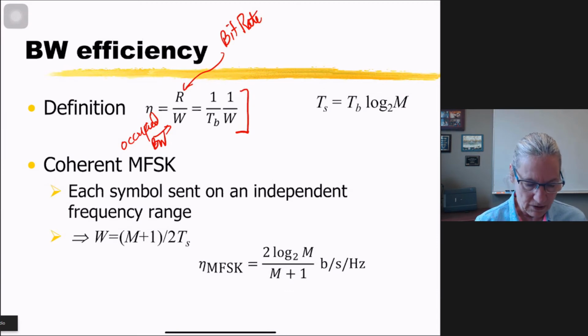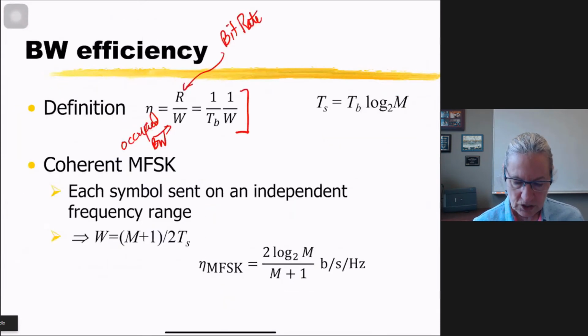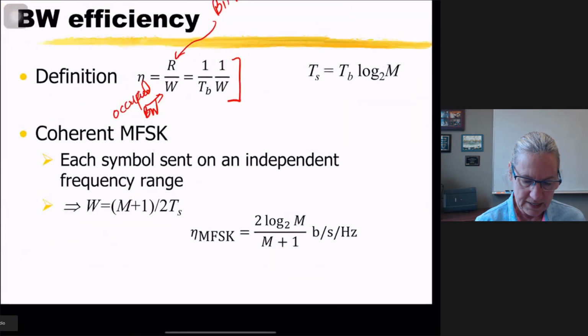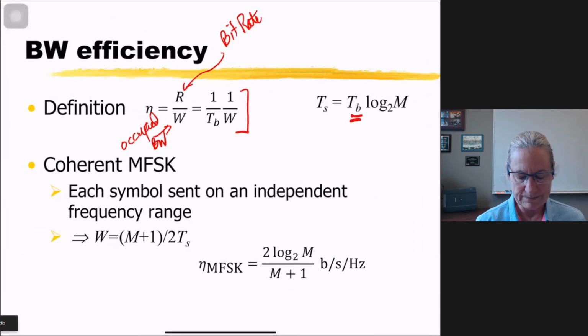And what's interesting now is, of course, that here I have a bandwidth that is related to the time of a symbol, which is why I like using the Nyquist pulse. It makes everything nice and unambiguous. So I'm going to go back here and recall for you that the time of a bit is related to the time of a symbol by just log2 M, that's the number of bits per symbol. So let's look at coherent MFSK.